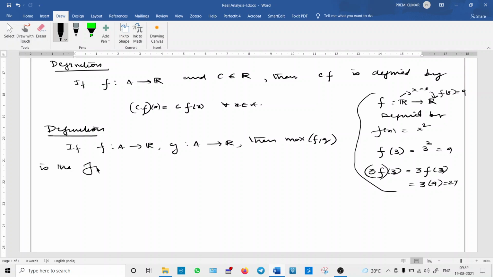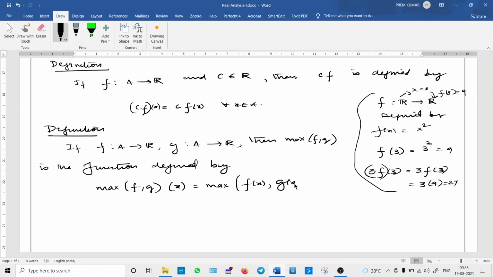It is the function which is defined by, every time the function must be defined. So what is the maximum of f and g evaluated at the point x? It's nothing but you find the maximum of f of x and g of x. That's all, for every x in E.